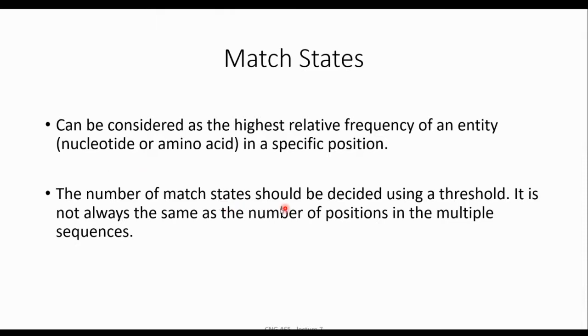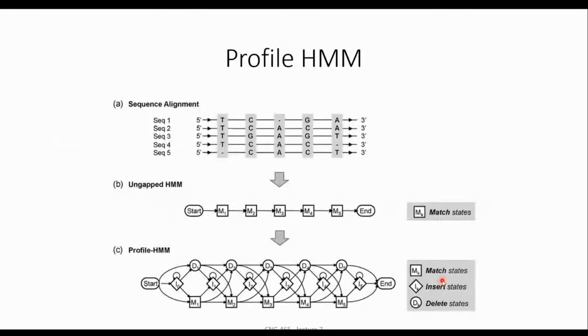And the number of match states should be decided using a threshold. That's how we decide whether that position is a conserved region or not. We should define a threshold. For example, we can say if 80% of the position includes the same letter, like we have 4 T and 1 gap, so 80% has the same nucleotide, then we can consider it a conserved region.